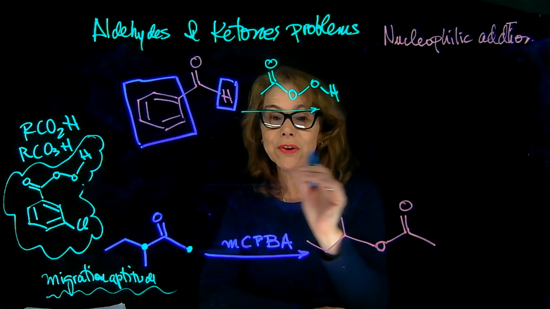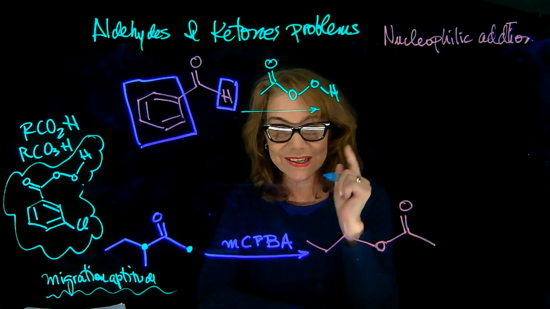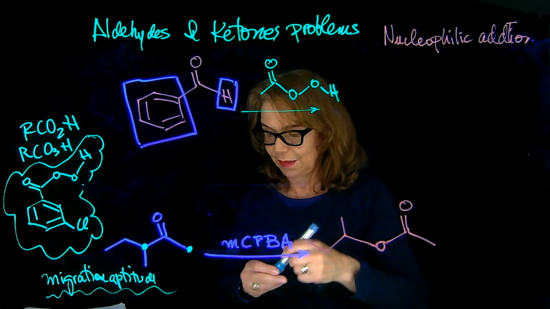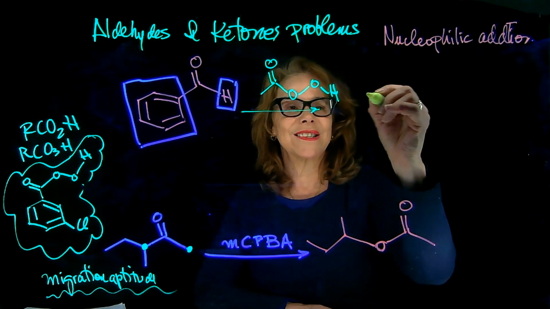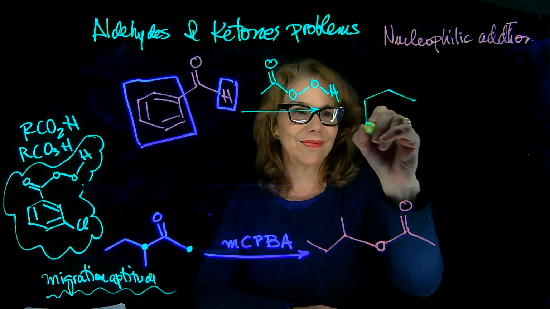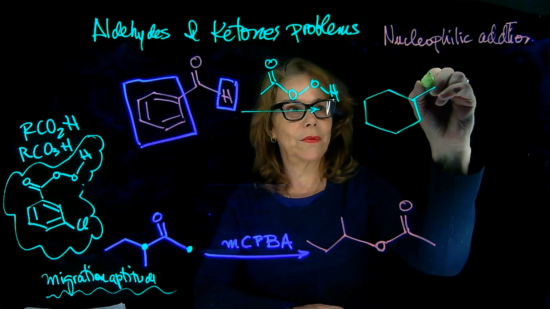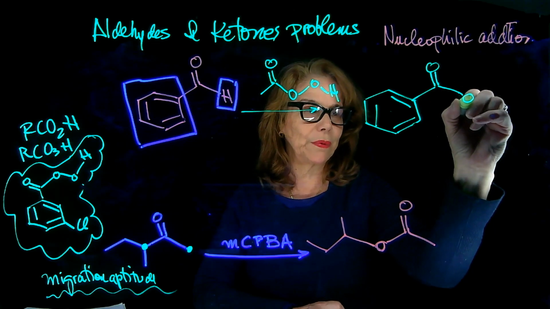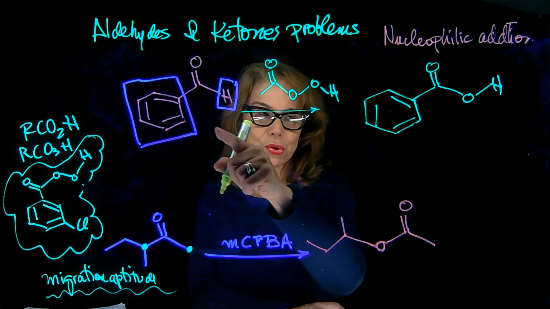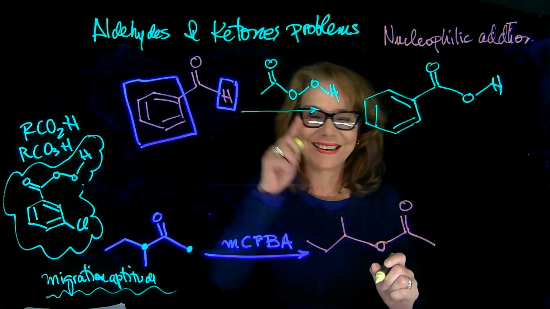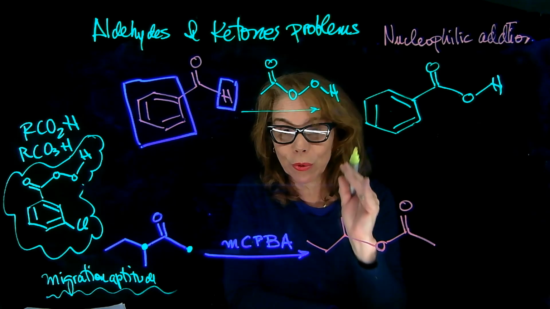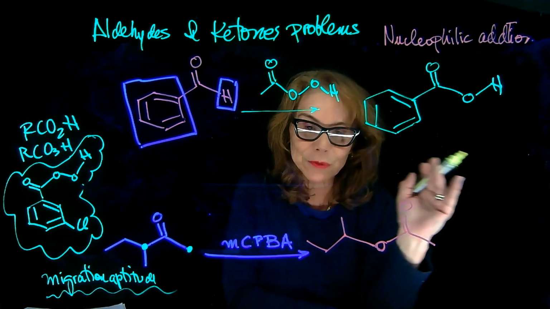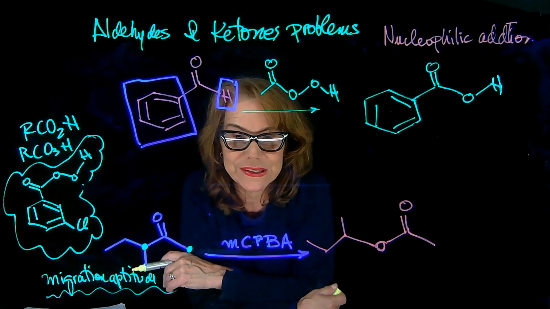So when you have an aldehyde, you always get a carboxylic acid because you will put the O on the side of the H. So here we go. So this side I leave the same, but now I'm going to put the O here. And voila, from benzaldehyde I get benzoic acid. So always, aldehydes will give you the carboxylic acid. Ketones, well, the side where you insert it depends.